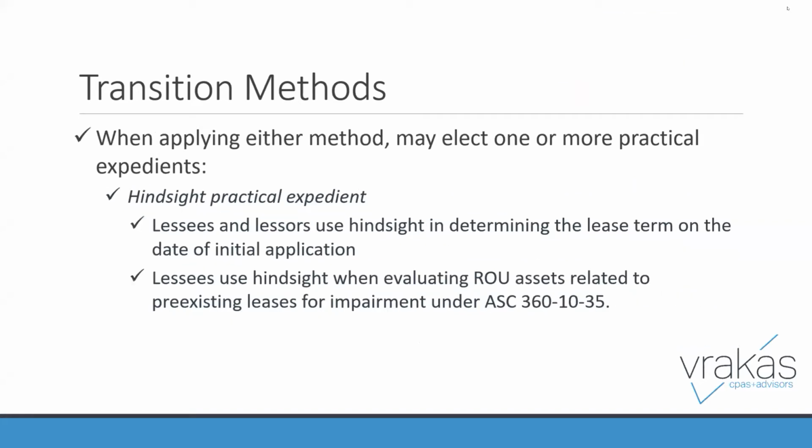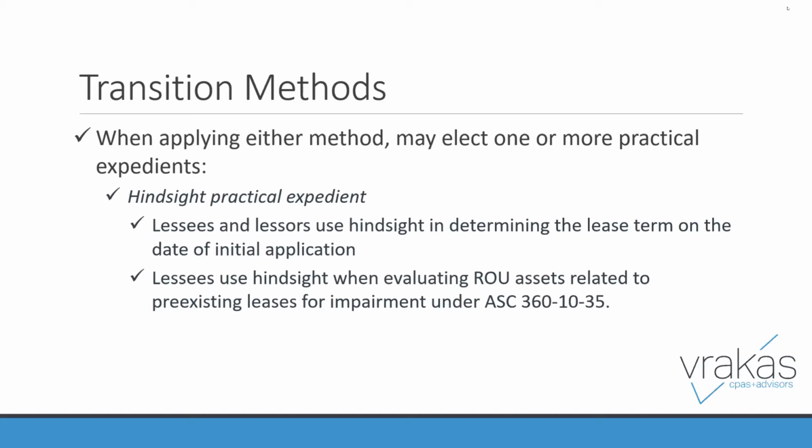There is another practical expedient called the hindsight practical expedient, which means that when you are assessing your lease term, you don't have to go back and reassess, let's say, if you're reasonably certain to exercise those renewal periods.